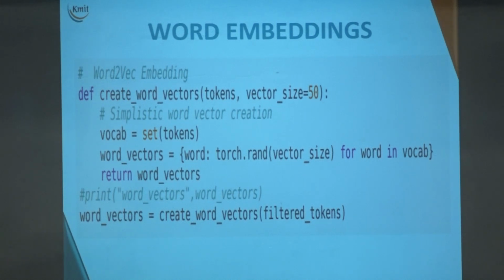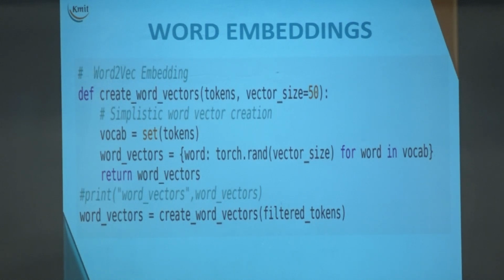Now, for creating a simplistic word vector, you have to make sure all your tokens are unique in nature, for which I am creating unique tokens out of available tokens, meaning the tokens which are not repeated. Now I am renaming it as my vocabulary, vocab. Vocab is nothing but your unique tokens.